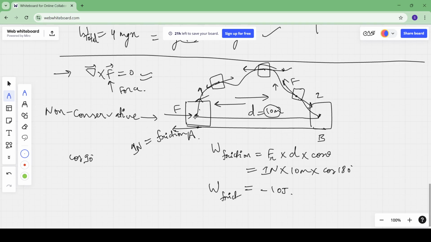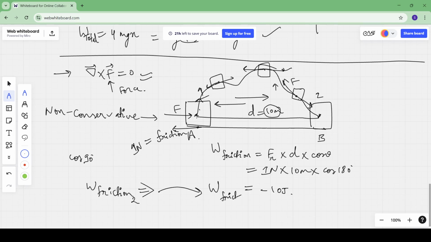Also you can see that the distance is more in this case, so the work done by the friction along the second path will be more as compared to the work done by the friction along the straighter one, because the displacement is more. Theta is not equal to zero and the force is the same, keeping it as 1 Newton.